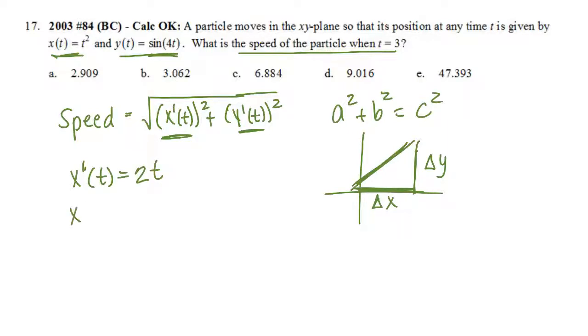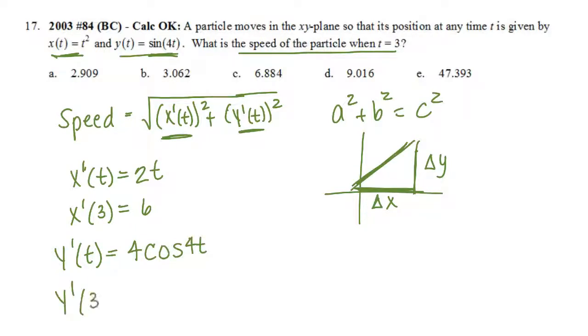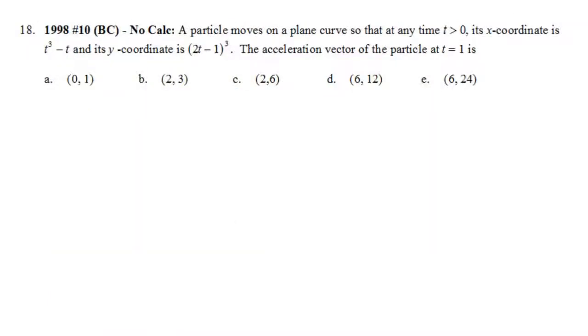So x prime at 3 is going to be 6. y prime at t is going to be 4 cosine 4t, and then y prime at 3, then this is what we can type in our calculators. Go ahead and fill in those formulas there for 6, over here for cosine of 12. And once you do all of that number crunching, you should get answer choice C.